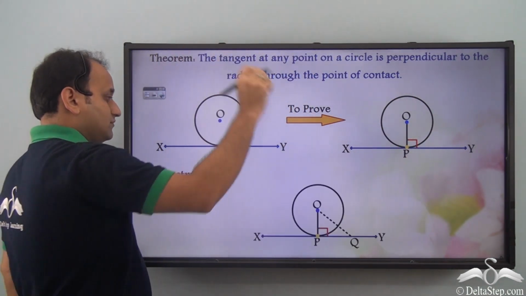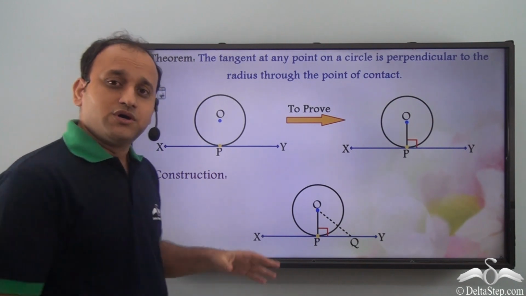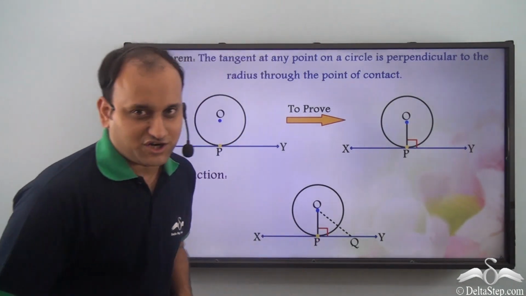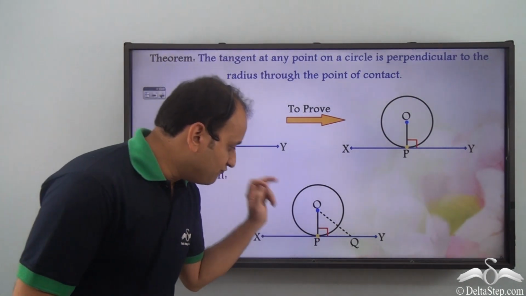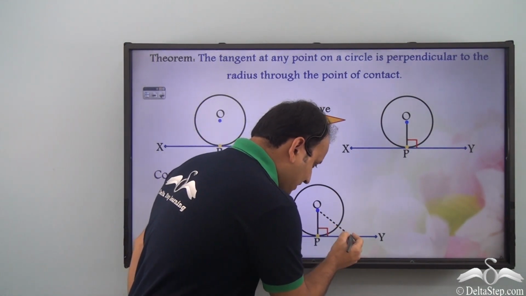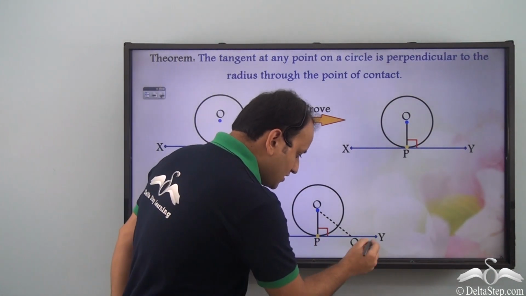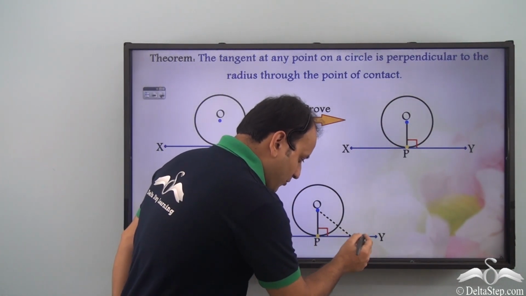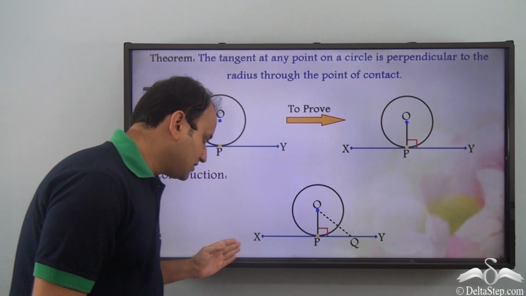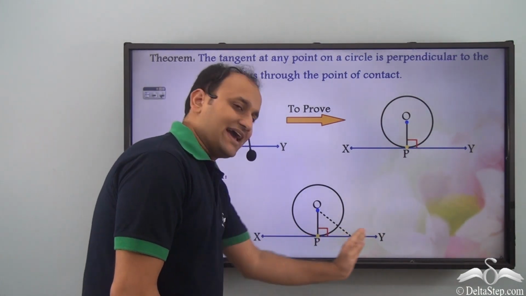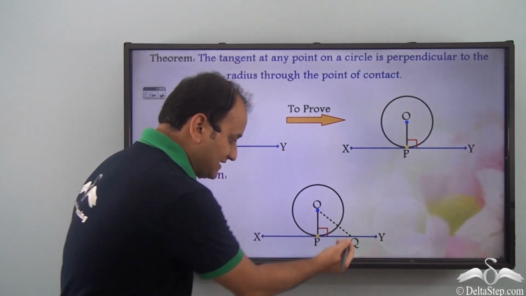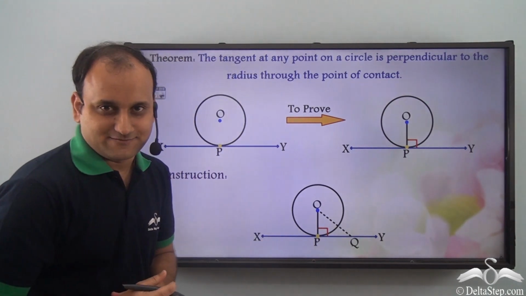Now, to prove this, we need to perform a construction. So, what we do is we drop another line segment from the center O to an arbitrary point on the tangent x, y. This point is Q in this case.